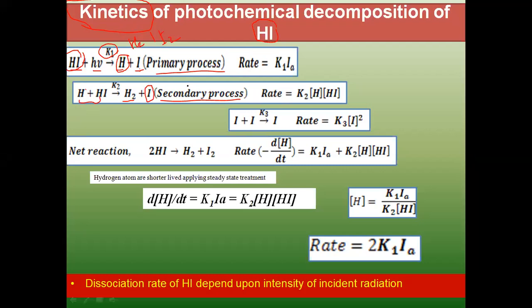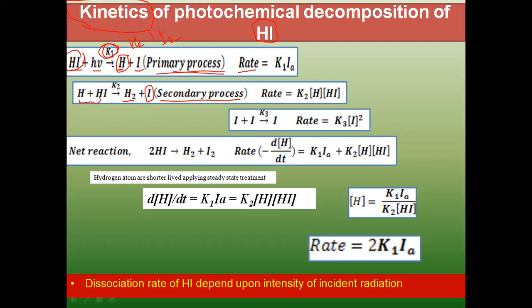For the first reaction, HI absorbs energy and breaks down as H and I as a primary process. These two are the activated species.